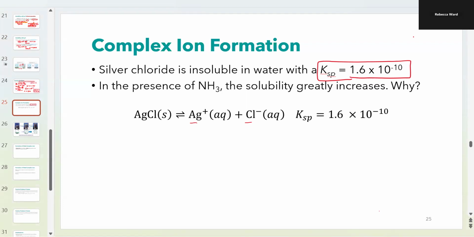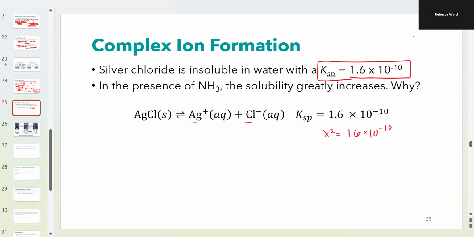We can calculate the amount: x squared equals 1.6 times 10 to the negative 10th. And so x would be our molar solubility and the concentration of Ag plus and Cl minus. We say it's insoluble because it has a very small KSP, but there are still Ag plus and Cl minus ions in solution.